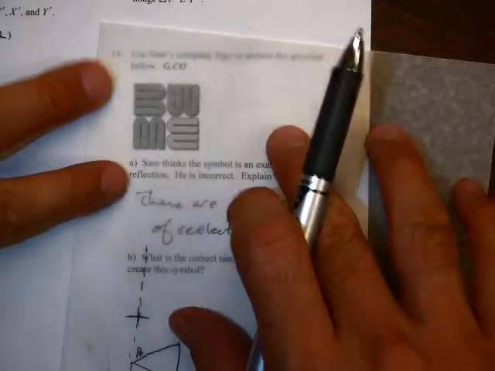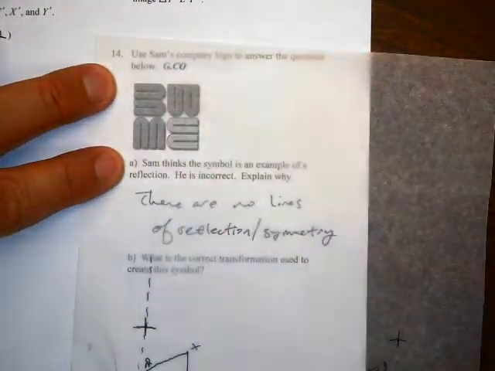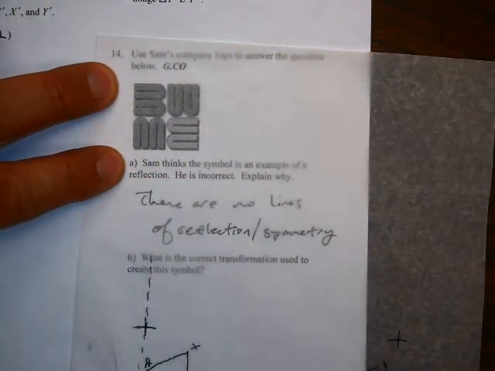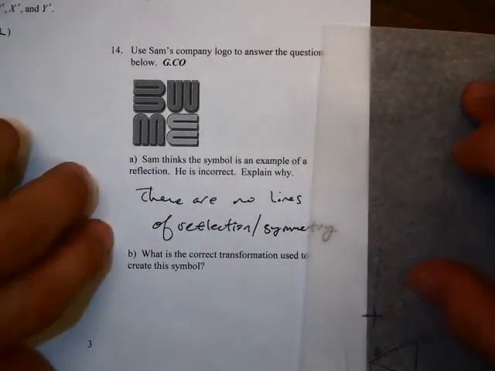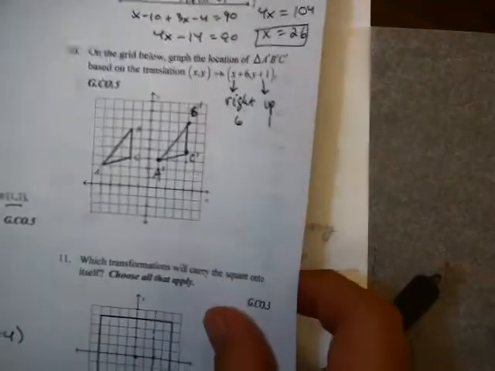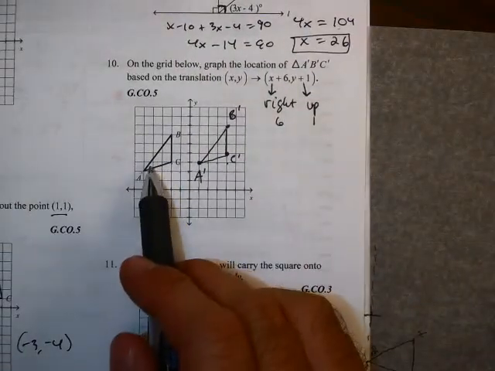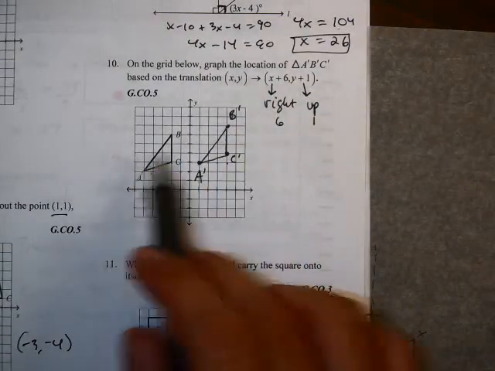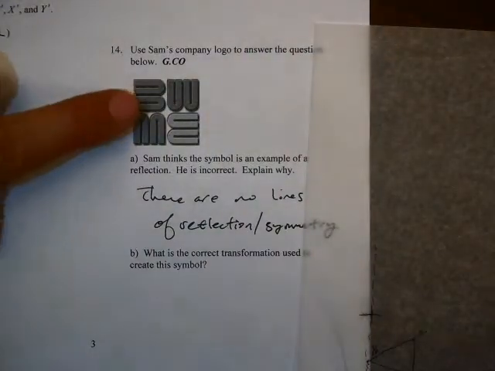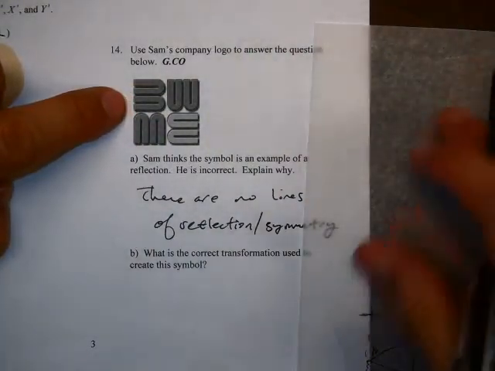And again, we use the tracing paper so much. The only two moves that are left, if we're not going to do reflection, are translation, which is the slide, or rotation. Now translation, if I go back, I think I've got an example of a translation here somewhere. Yeah. This is a translation where it's facing the same direction. Notice it's not backwards. None of these symbols are facing the same direction.